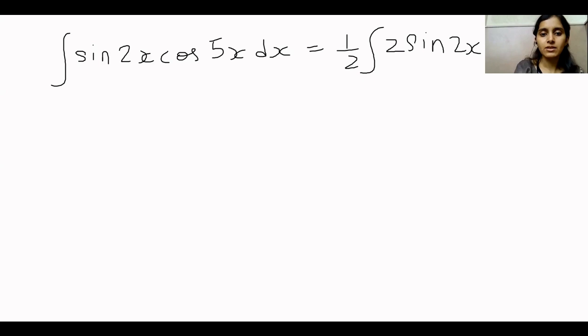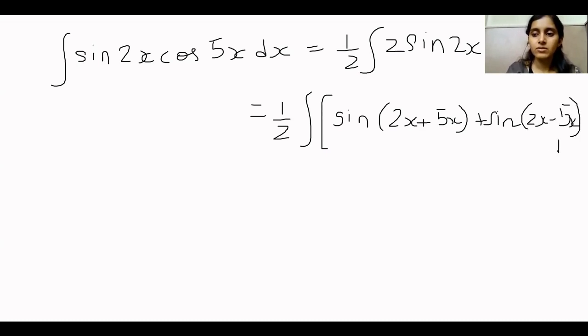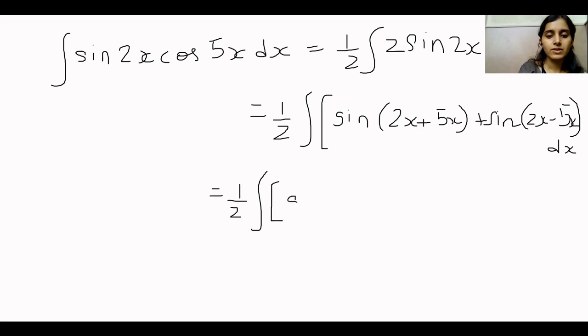So which is equal to half integration of 2 sine a cos b is sine a plus b, that is 2x plus 5x, plus sine a minus b, sine 2x minus 5x. Which will be equal to half of integration sine 2x plus 5x is sine of 7x, minus sine 3x.